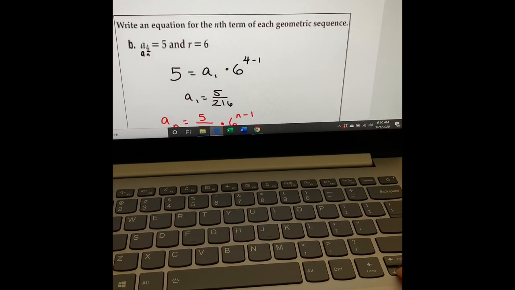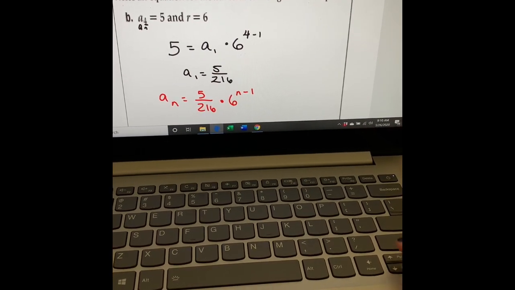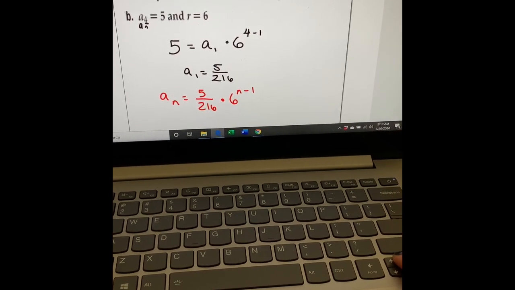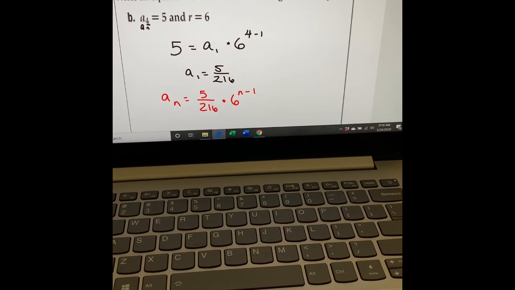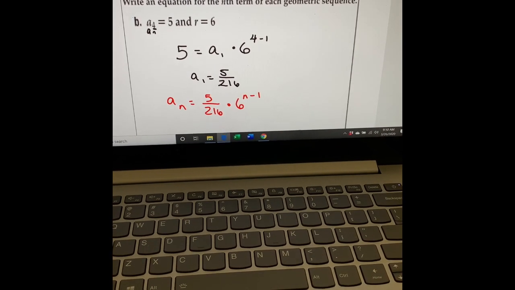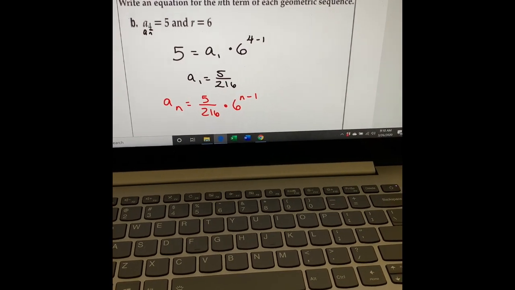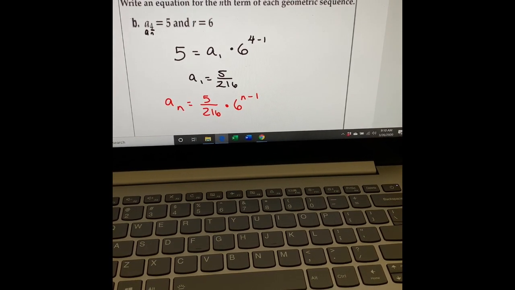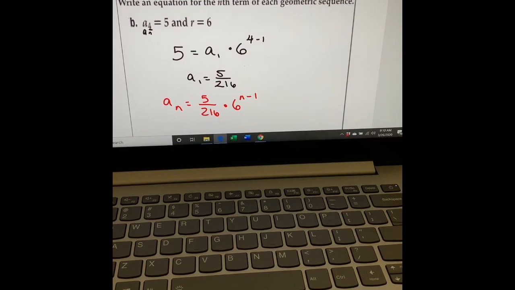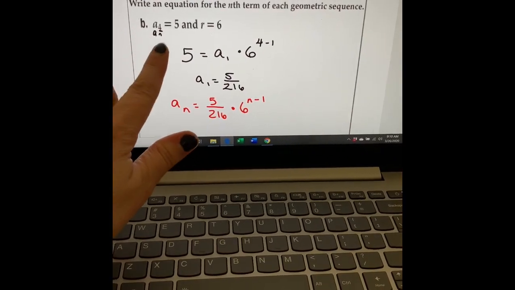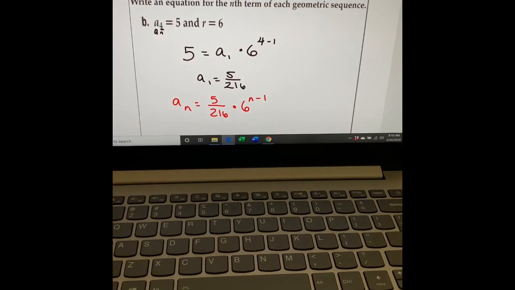The third one there, they give us a sub 4 is 5 and R is 6. Well, they tell us it's geometric, and also because they give us the R value, we know there's a common ratio, so it has to be geometric. So we're going to plug into that formula. Now, a sub n, we don't necessarily know what the last term is, but we know that a sub 4 is 5. Well, a sub n, we can rewrite that there, noticing that n would be equal to 4.